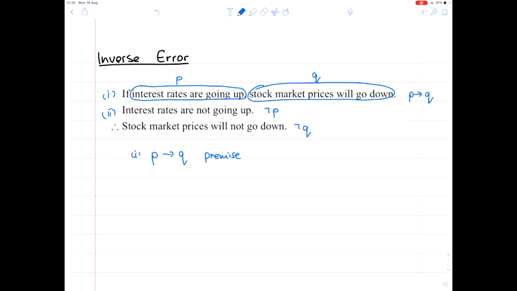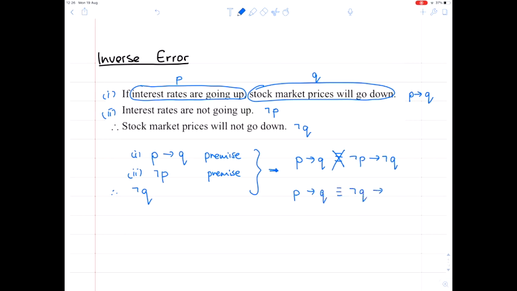Our second premise is not P. And our conclusion is going to be not Q. But if you remember, this would imply that P implies Q is equivalent to not P implies not Q, but we know that this is not true. We know that P implies Q is equivalent to not Q implies not P, but not the other way around.